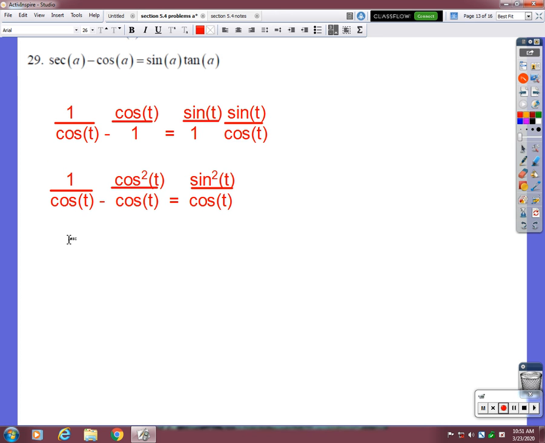Okay, so now I got a common denominator here, so I can write the top as 1 minus cosine squared, and that is over cosine of t.